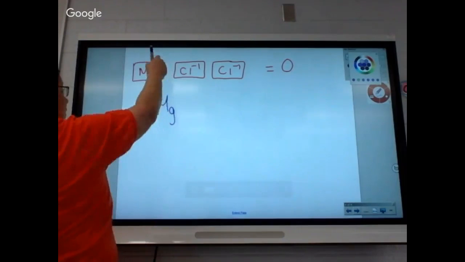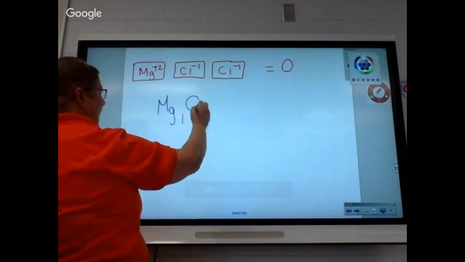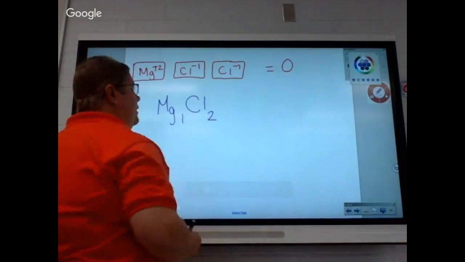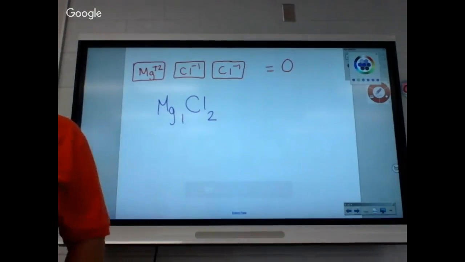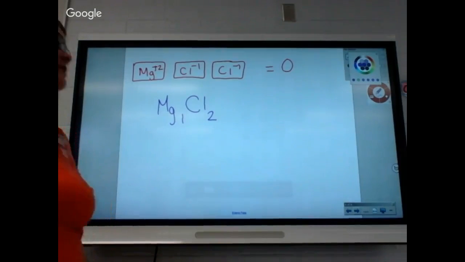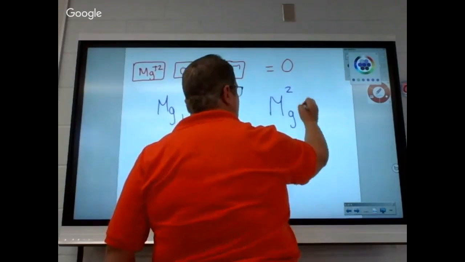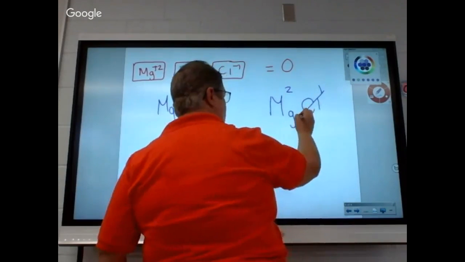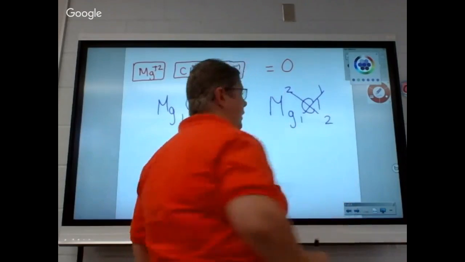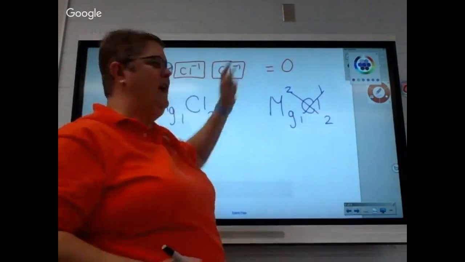I have 1 magnesium. How many chlorines do I have? I have 2. Now, figuring out how many atoms you have to total 0 is a pain. It is much easier to use the oxidation numbers and simply crisscross them. But crisscrossing is a shortcut for this.